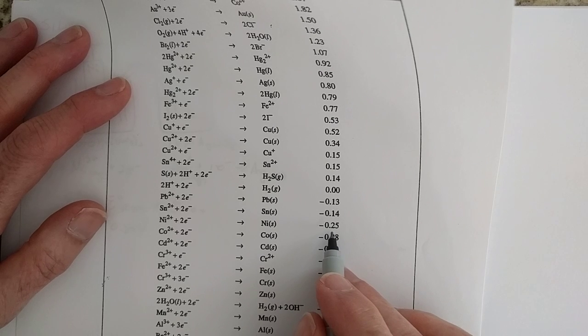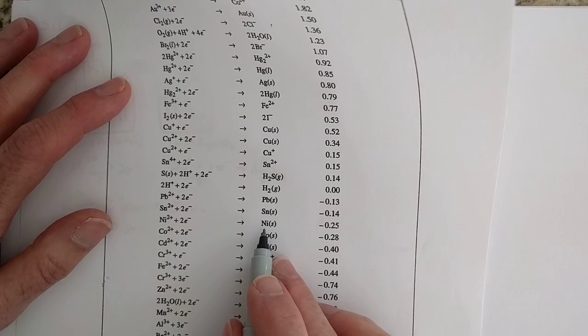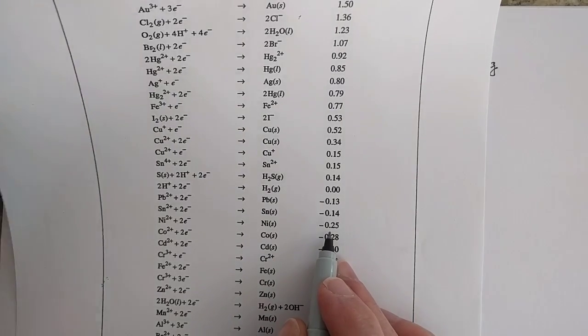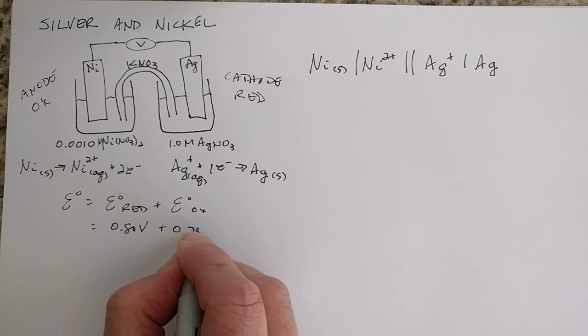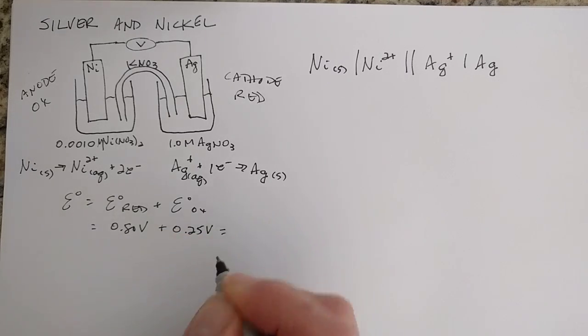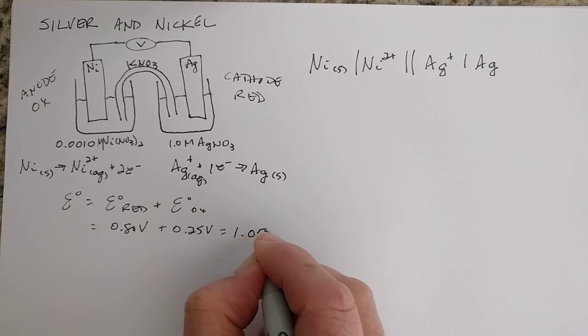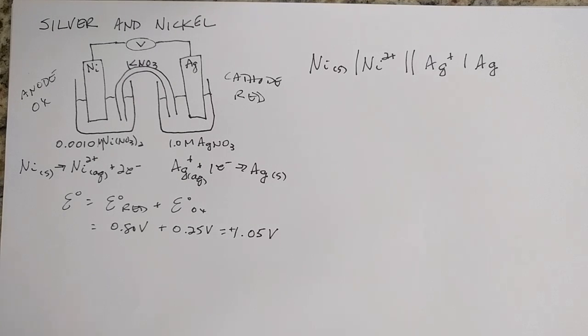It's negative 0.25, but remember we're flipping this to get the oxidation half reaction, so we have to flip the sign. So it becomes positive 0.25 volts, plus 0.25 volts. So now we have our E0, and that is 1.05 volts. So it's positive, and that means that it is spontaneous.